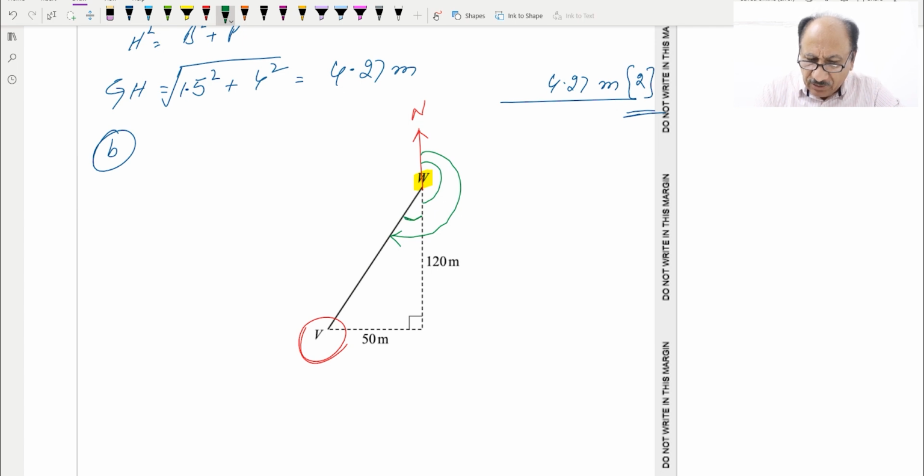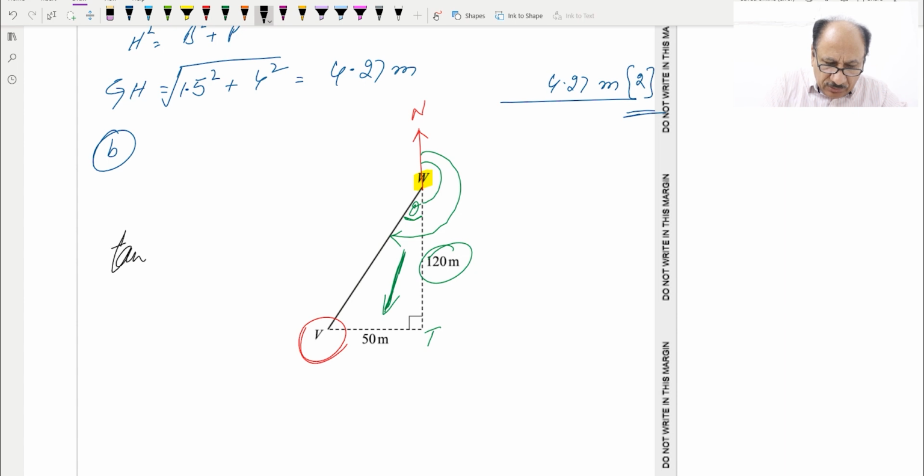So we need this angle, which is angle VWT, and we can take this as theta. So VWT angle is required. Opposite will be this one, and 120 will be adjacent. So opposite over adjacent we can take as tan theta.